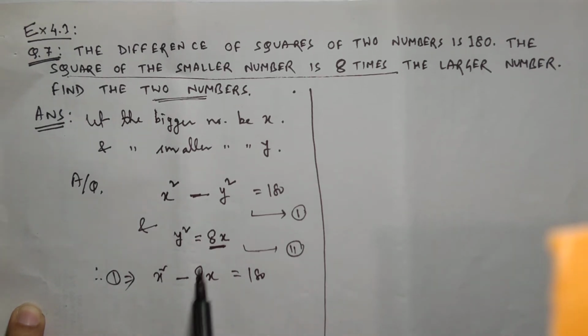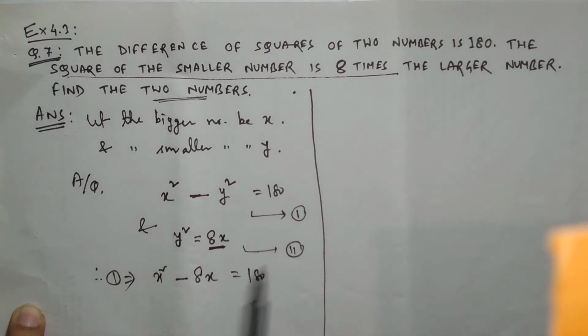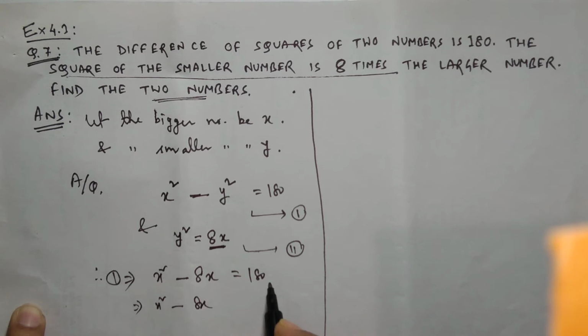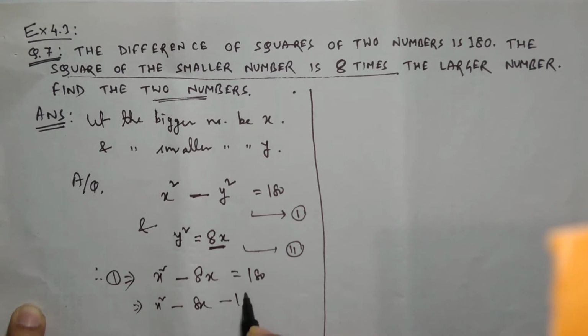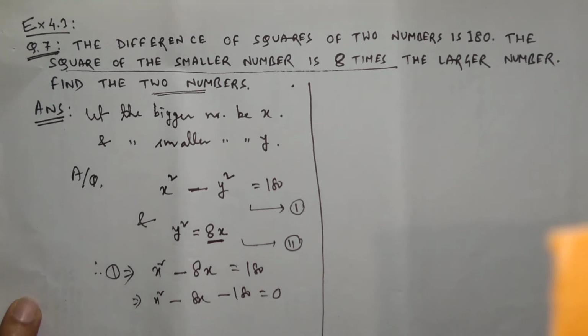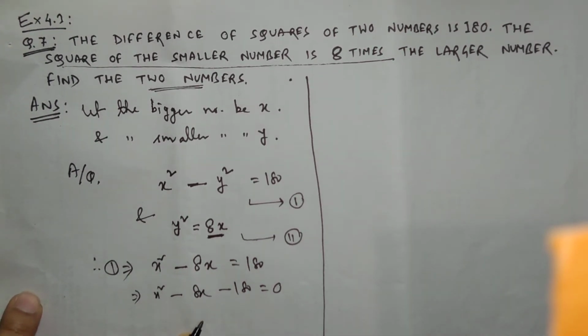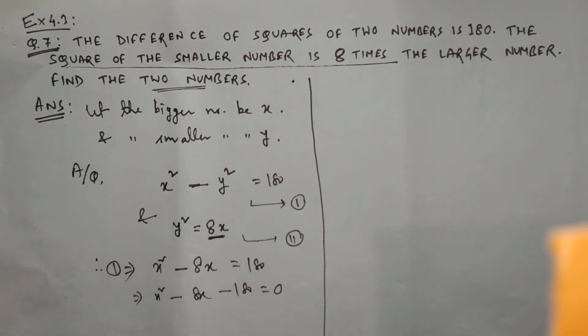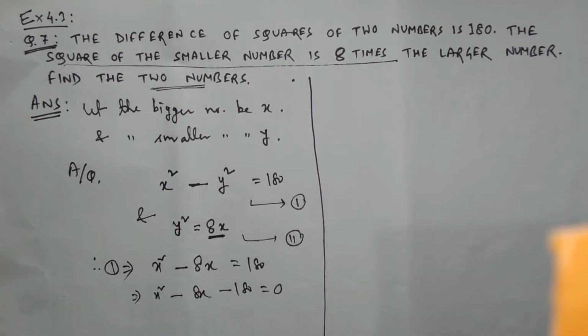So this y square is replaced by 8x in equation number 1. This implies x square minus 8x minus 180 is equal to 0. This is the required equation.